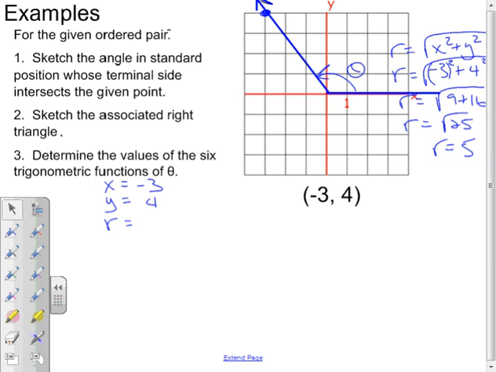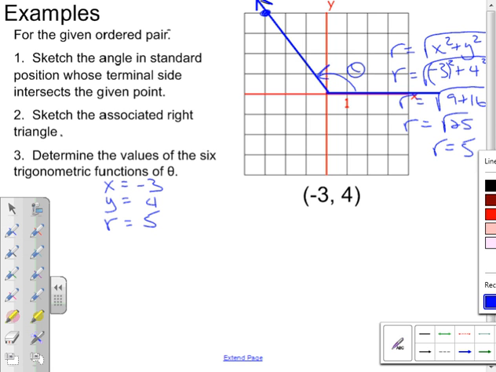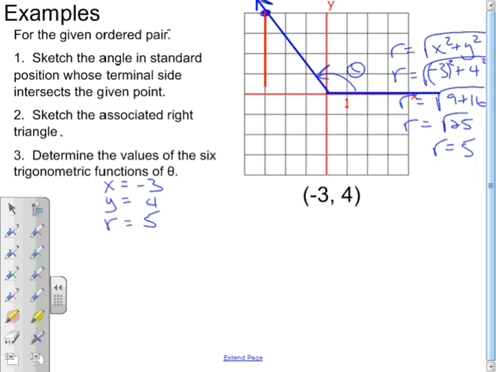Okay? And now that's going to allow me to associate this triangle that I'll make in the drawing. Okay? Where we have a -3, 4, okay, and this is a 5 for the radius.